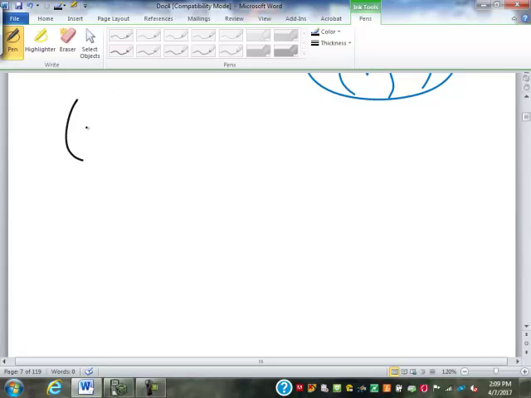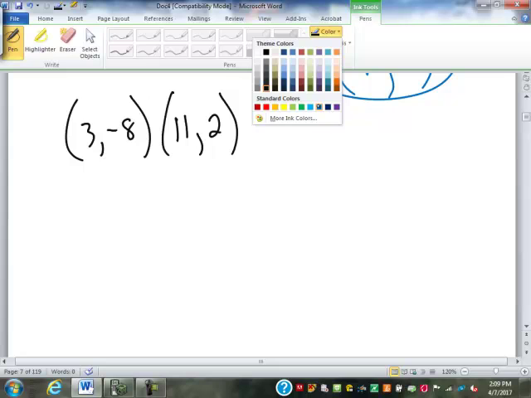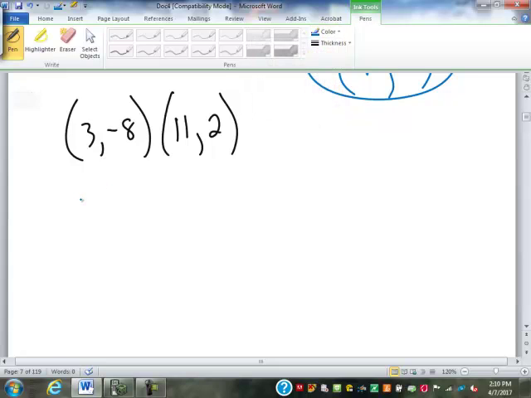If I give you the endpoints 3, -8, and 11, 2, to find our x-coordinate of our midpoint, where do we start? 3 plus 11. 3 plus 11, divide by 2.